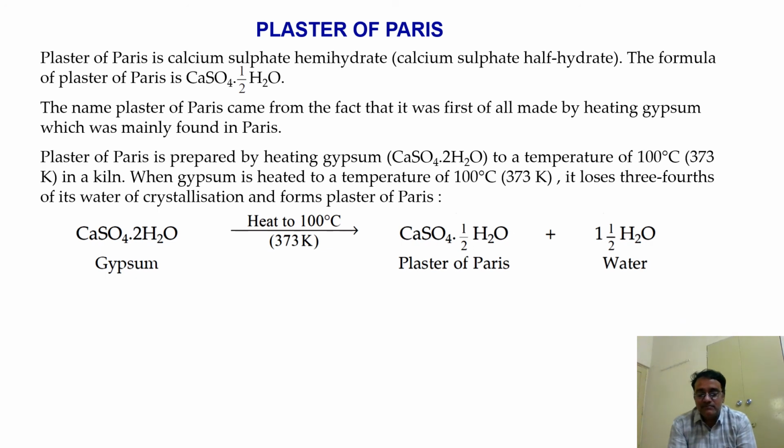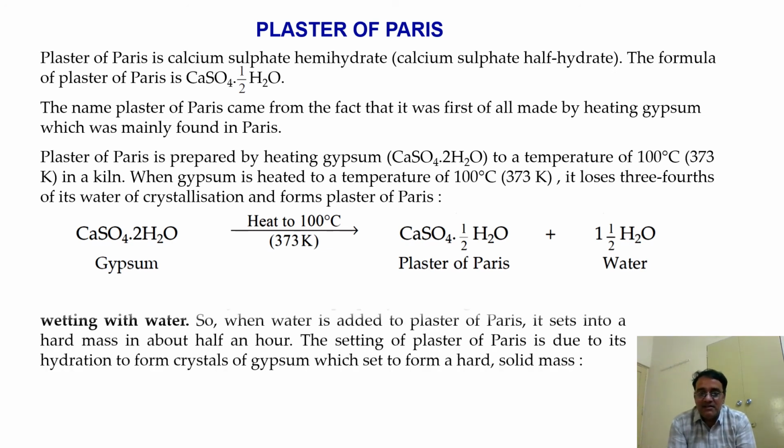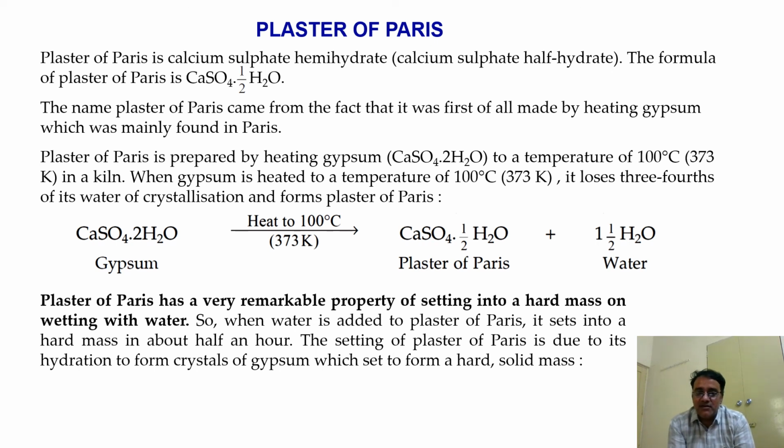Clear? Next, plaster of Paris has a very remarkable property of setting into a hard mass on wetting with water. When water is added to plaster of Paris, it sets into a hard mass in about half an hour.